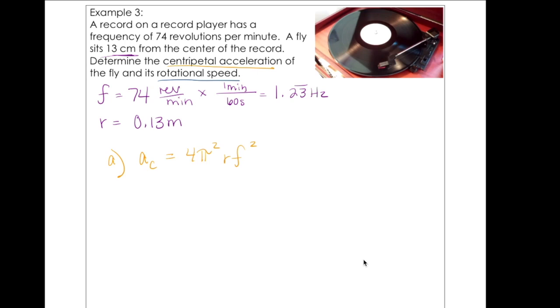Plugging in our information and solving, we get that AC is equal to 7.81 meters per second squared.